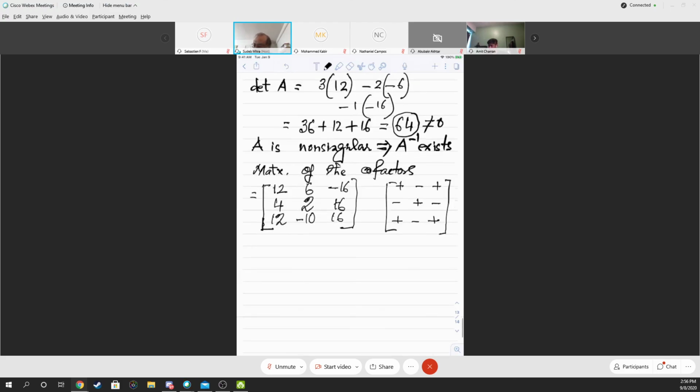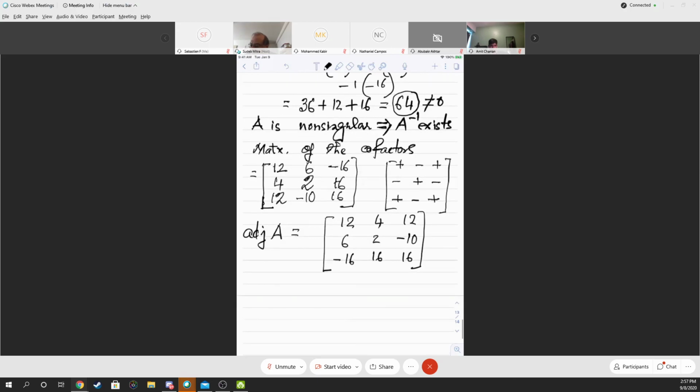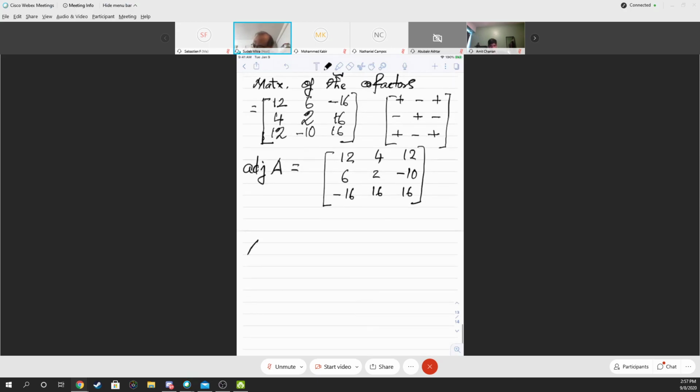Then what is the adjoint of it? Take the transpose. So what is the inverse?